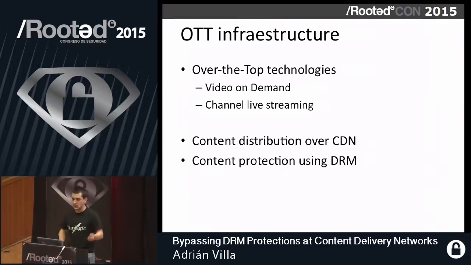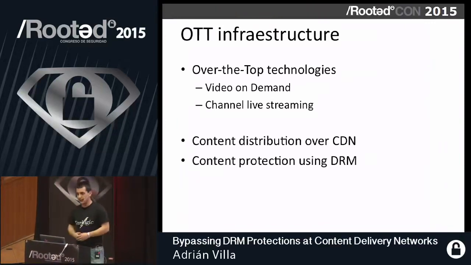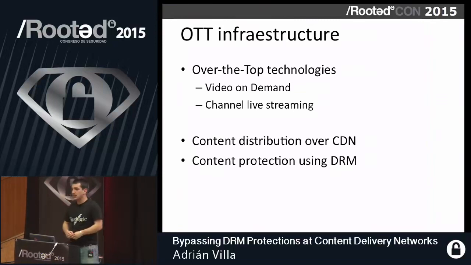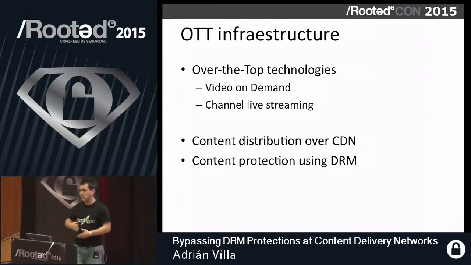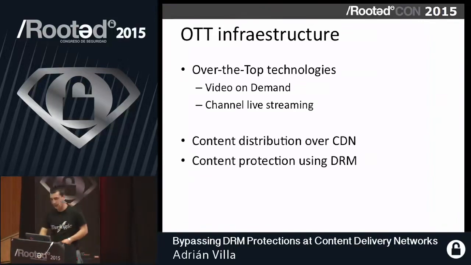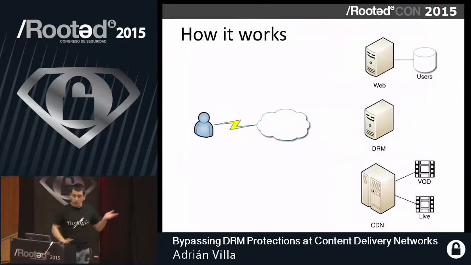You just go to the website and then you select the series and that's it. And then other platforms that do live streaming. So they use CDN networks for that. I'll tell you about the problems, and they protect the content by using DRM.